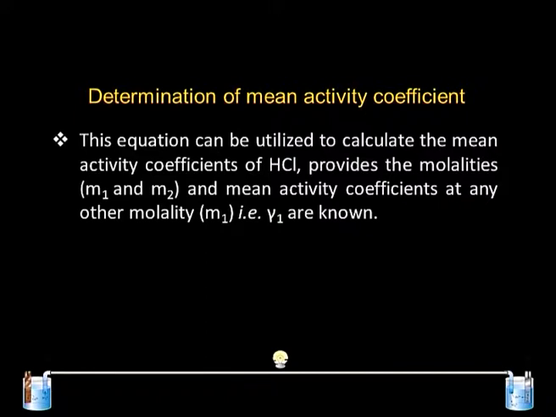The equation also applies when the molalities M1 and M2 and the mean activity coefficient at any other molality M1, that is gamma 1, are known. The next application is determination of solubility product. For example, consider a salt MX in equilibrium with its ions in a saturated solution.